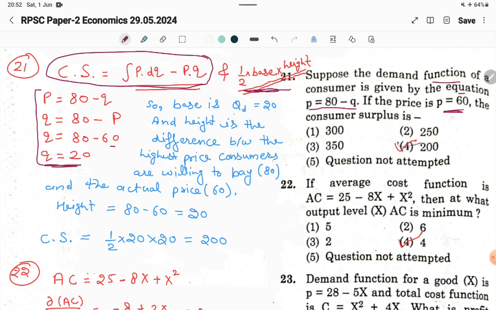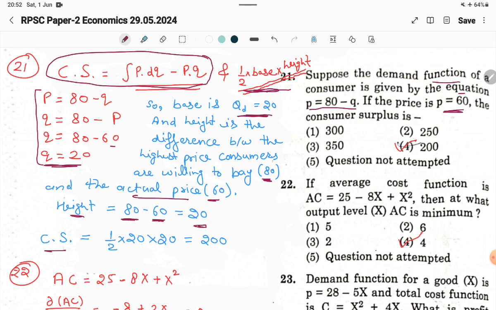So base, the quantity demanded, is 20, and height is the difference between the highest price consumers are willing to pay, which is 80, and the actual price, which is 60. So height will be 20.